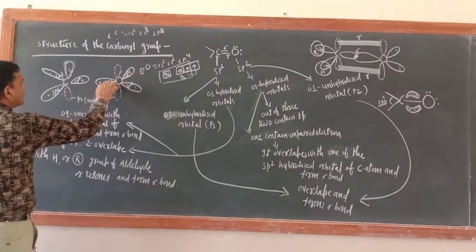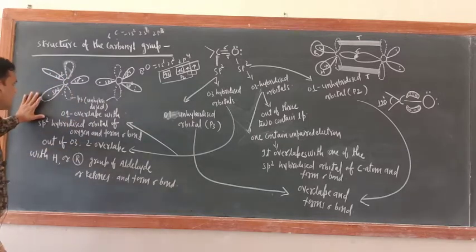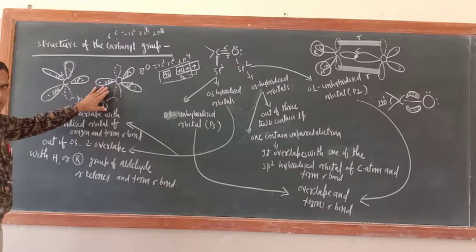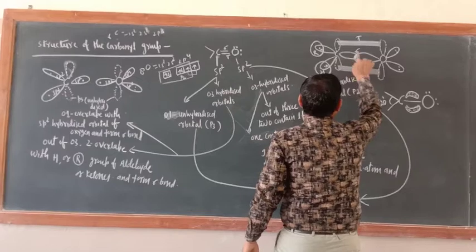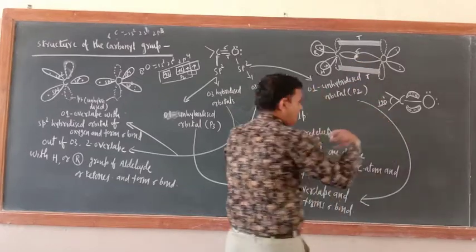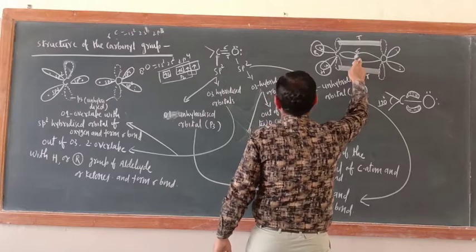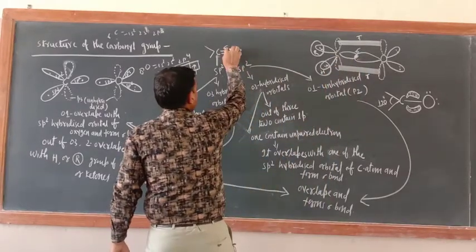Oxygen 1, 2, 3, carbon 1, 2, 3. Out of 3, 1 will form a sigma bond by axial overlapping with the oxygen hybridized orbital. So this is 1 sigma bond.